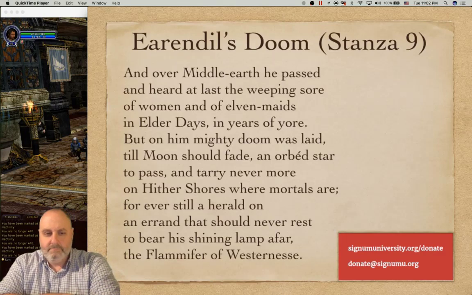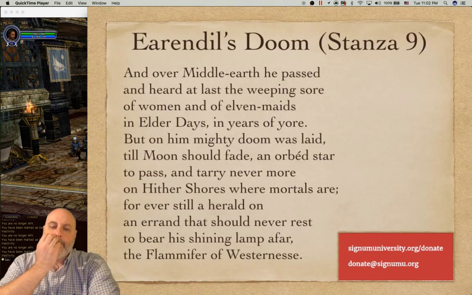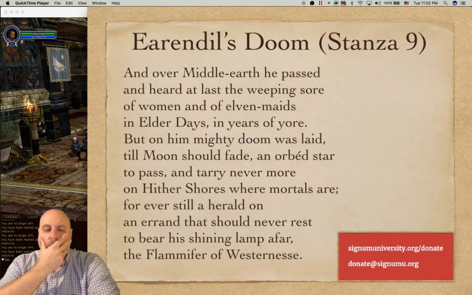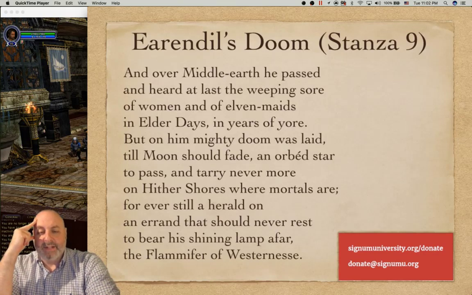No. Forever still a herald on an errand that should never let rest, to bear his shining lamp afar, the flammifer of Westerness. Sorry, I'm trying to parse this. I'm diagramming this sentence in my head and it's not going well.